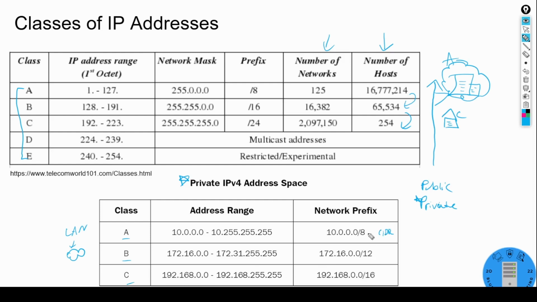Now, we're not going to go into subnetting or covering network masks and allocations of hosts versus networks that you can make, but you need to be aware that your private IP addresses are not going to be able to communicate out over a WAN.